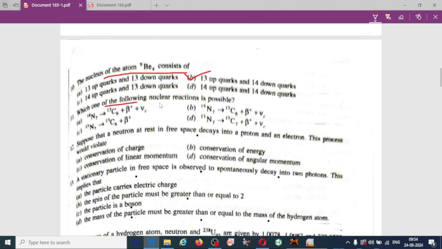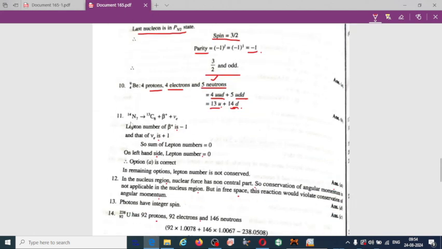Which one of the following nuclear reactions is possible? If we observe, all the nuclear reactions involve nitrogen, which after the reaction gives carbon and a beta particle along with a neutrino. If we verify all 4 equations, in this equation the lepton number of the beta particle is -1 and of the neutrino is +1, so the sum of lepton numbers will be 0.